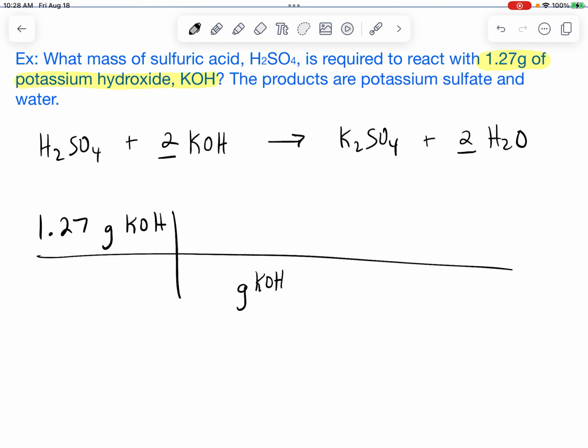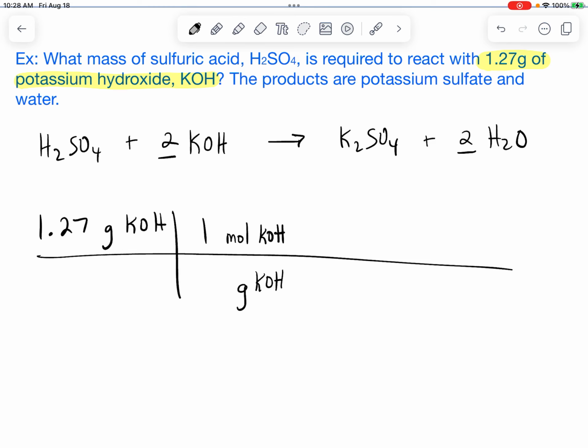Now, what can we do that's going to give us a conversion? Maybe in your class you've heard of a grams to moles conversion. So we can go from grams of KOH to moles of KOH. For every 1 mole of potassium hydroxide, we can find its molar mass, and this is where you go to the periodic table.